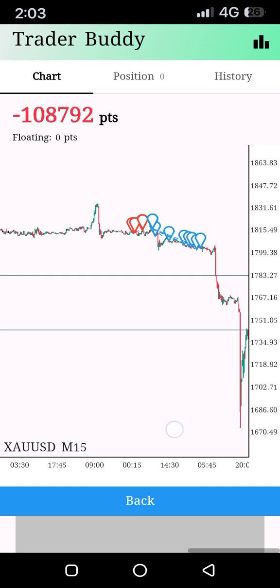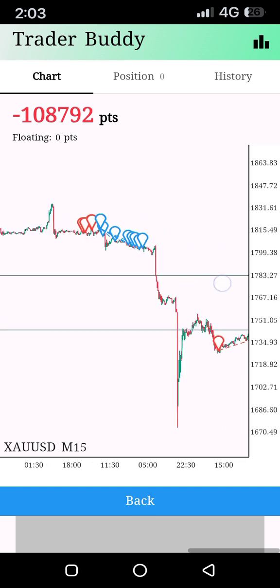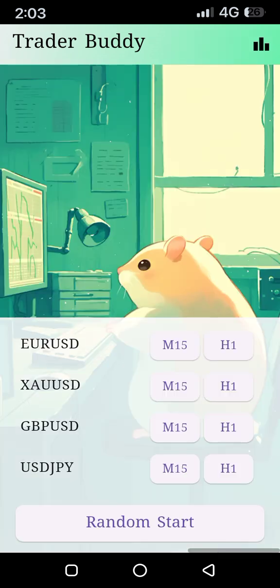Again, here's the mistake I made. I was expecting price to push up towards the next area of support, but I never had a clear market direction, so I think I just needed to wait a bit longer.